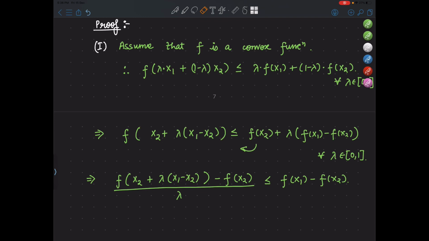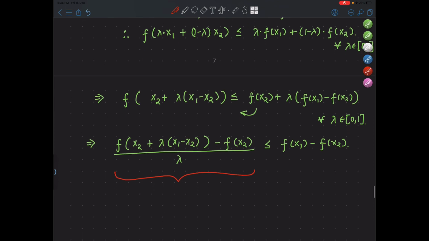You can recognize this term as something familiar. Because lambda is between 0 and 1, I can put lambda very close to 0, and if lambda tends to 0 from the positive direction, then this represents a directional derivative.